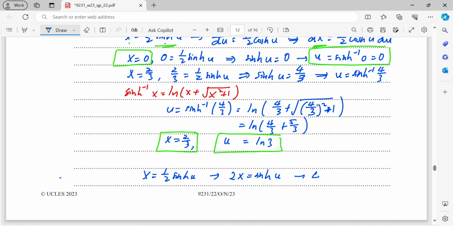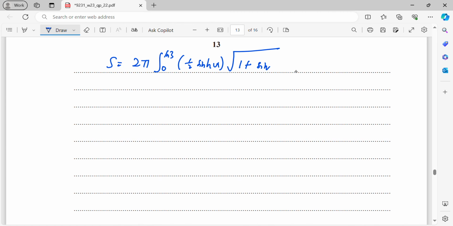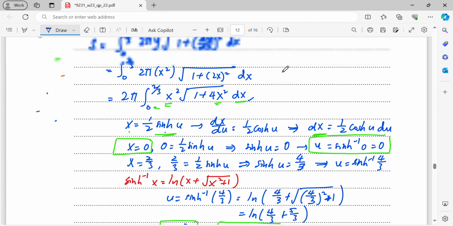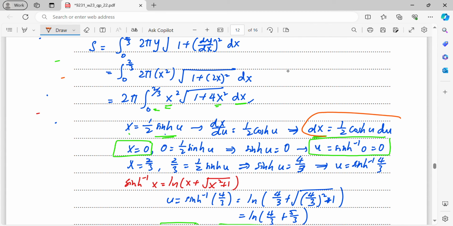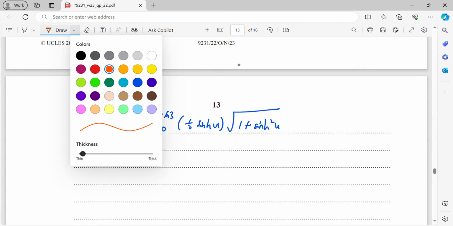So 4x squared means you square both sides, that is sine squared u. So here I will change to sine squared u. Then my dx already found, which is half cos u du. So here I will write half cos u du.